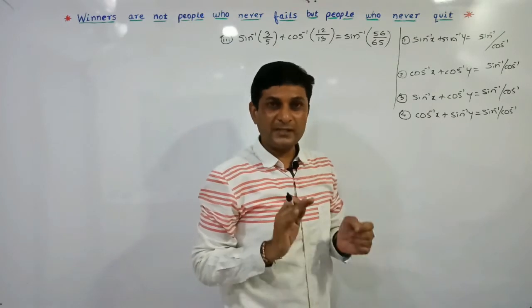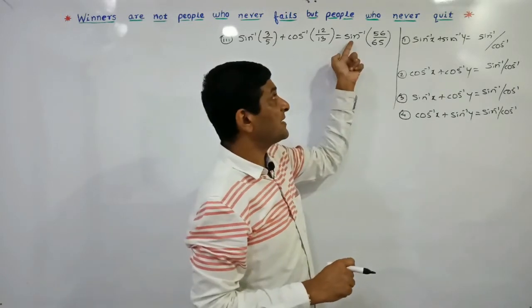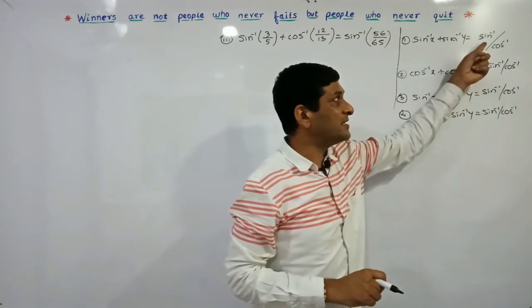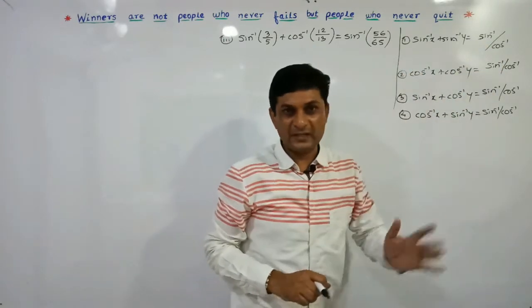In all these cases, the same method we are applying. Now what is the right hand side? As I stand here, the right hand side is in terms of sine inverse. It may be possible that the right hand side is in terms of sine inverse or cos inverse. In all these cases, the same method is applied.